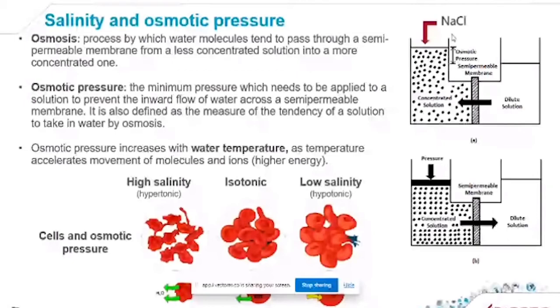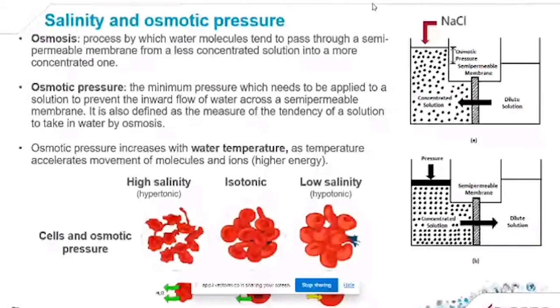Salt was added to the left side of the container, so suddenly you have a much more concentrated solution on the left-hand side. The water molecules from the right-hand side are very attracted by those dissolved sodium and chloride ions on the left-hand side, and they are going to migrate from right to left, attracted by these ions, and that leads to an increase in the water level on the left-hand side.